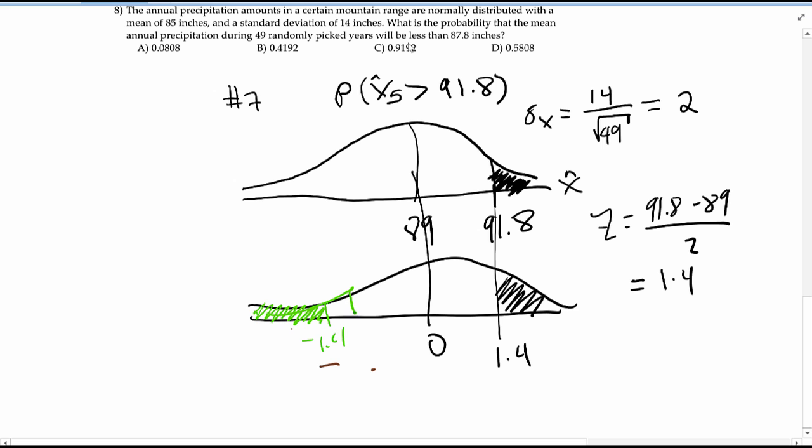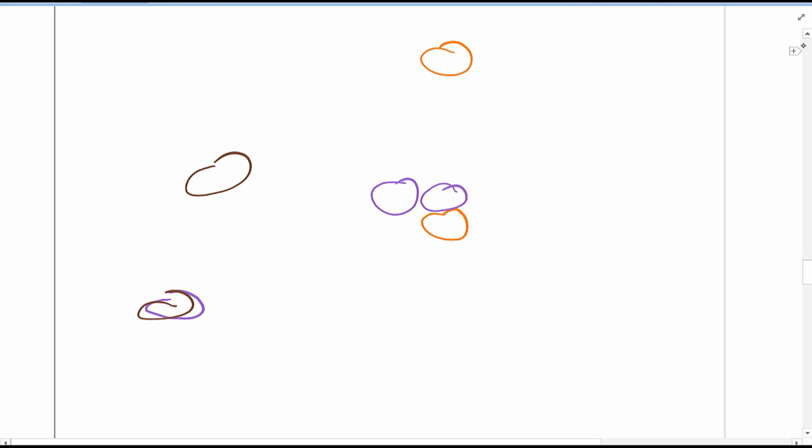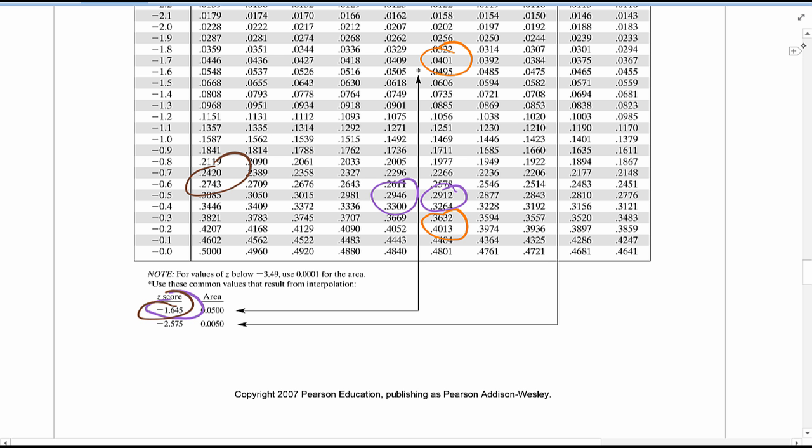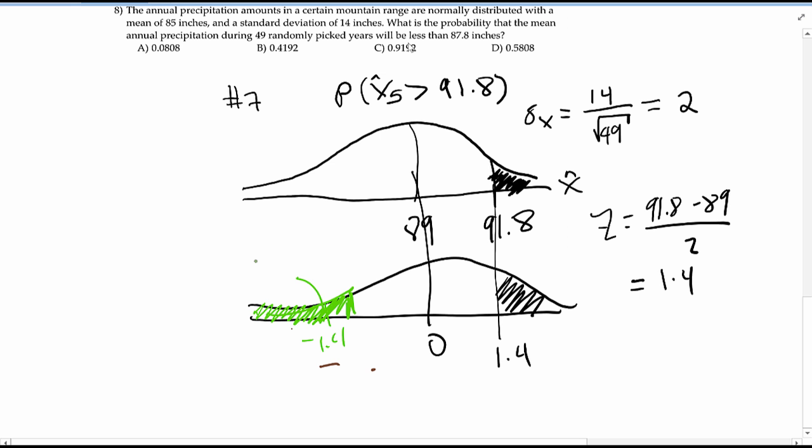So maybe not visually, but it is the same as that one. So what we could do is go to the negative table and read negative 1.4 and we get 0.0808. So this area right here is 0.0808. So if that area is that, then this area by pure symmetry is the same.